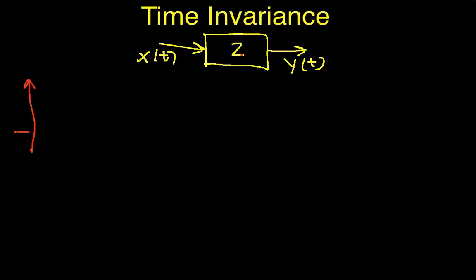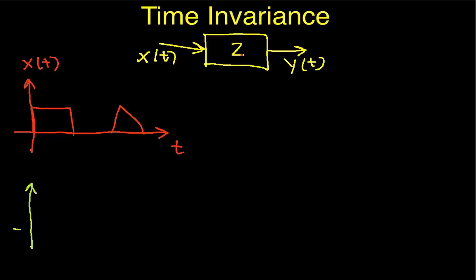Okay, so the input that I'm going to use is just an arbitrary thing with a rectangular pulse and then a triangular pulse. This is mostly just to give us something to look at. And if I delay this, it would look like this.